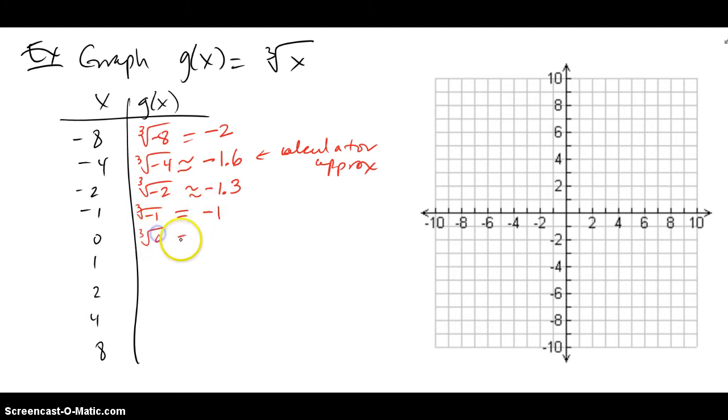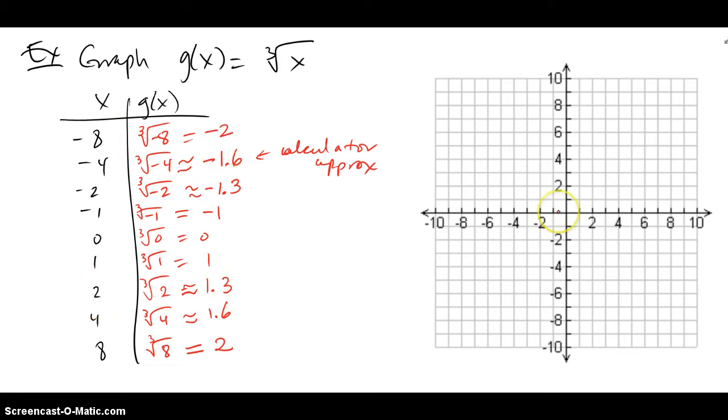Cube root of 0 is 0. Cube root of 1 is 1. Cube root of +2 is back up to here, approximately a +1.3. Cube root of +4, just like this one, approximately 1.6. And cube root of 8 we know is 2. So notice you have negative x's and negative y's, positive x's and positive y's.